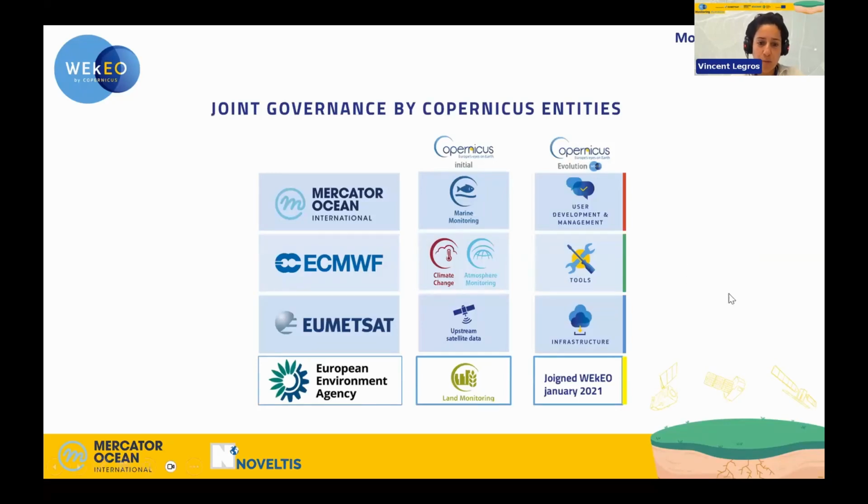WEkEO is operated by the different entities that are entitled to manage the different Copernicus services. If you haven't heard of Copernicus, it's a European Union program dedicated to Earth observation and to monitoring the Earth. We have different entities that are responsible for the different services.